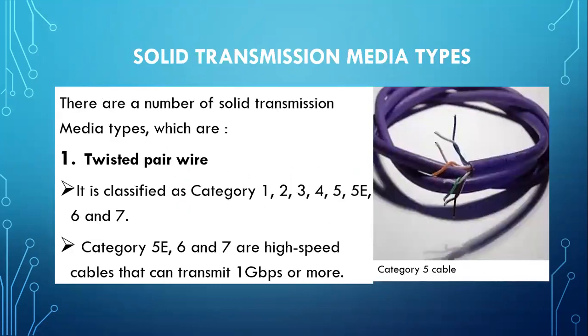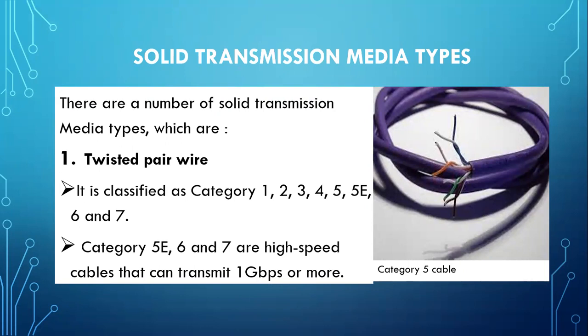Now, let's see the solid transmission media types. Here we see various cable transmission types, or just the types of cables that are used for the network connection. There are a number of solid transmission media types, which are as follows.